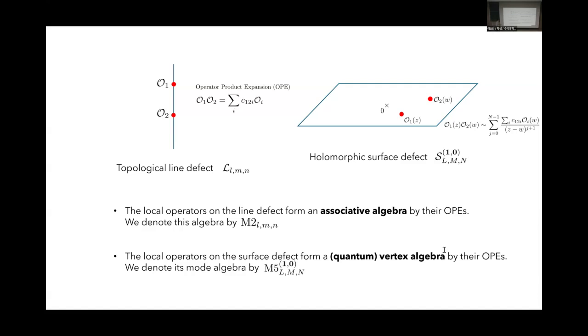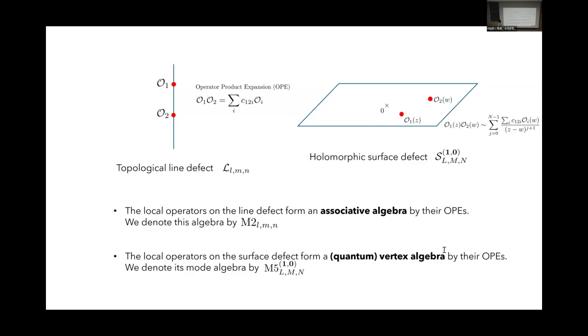As I said, it doesn't depend on the metric, so I'll just close this gap and make them approach each other. And eventually they'll just look like a single local operator. So what that means is that for a topological line defect, in the space of local operators supported on this line, there's a natural product structure associated with it. It defines an associative algebra by what is called the operator product expansion.